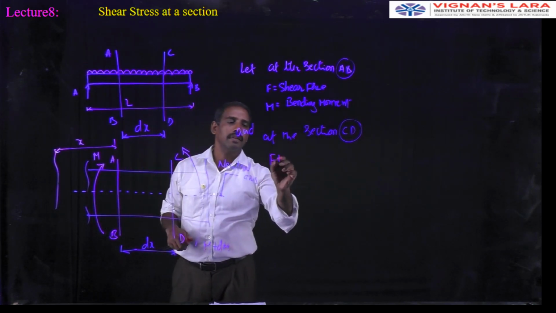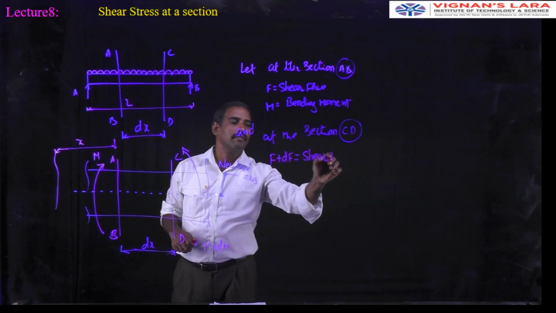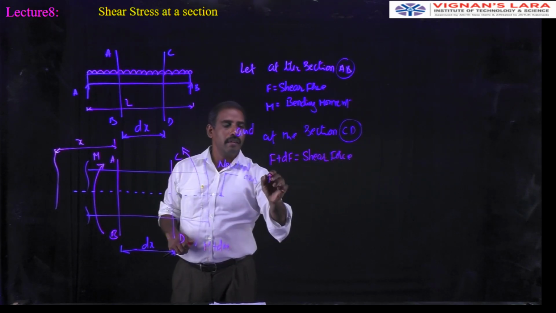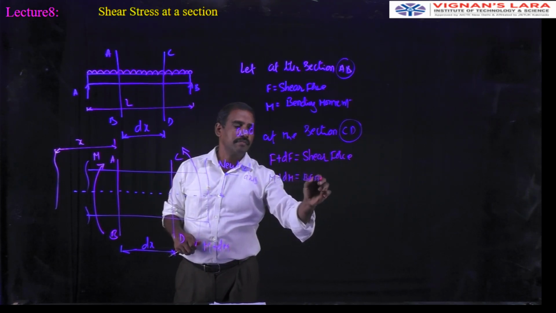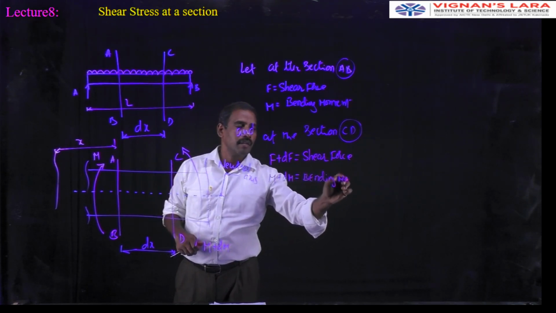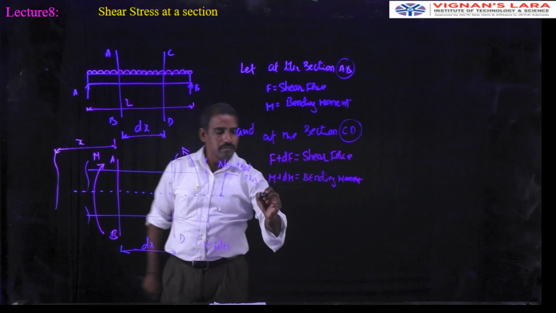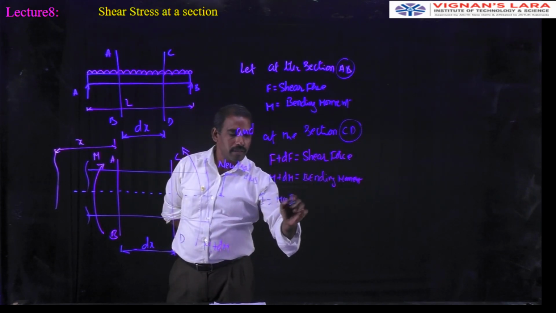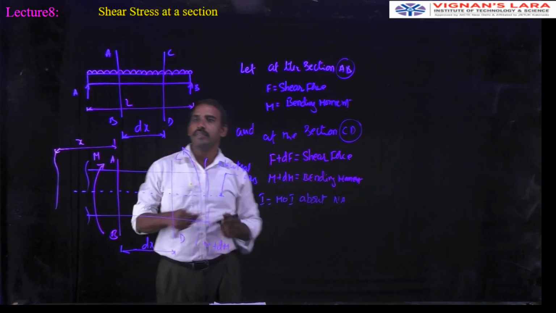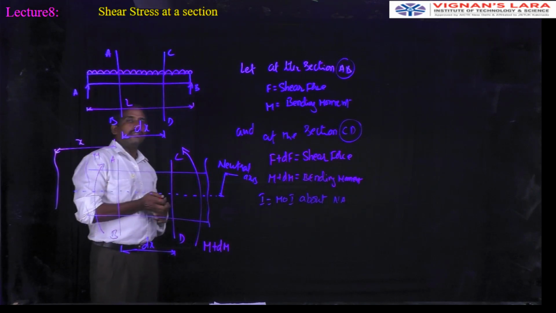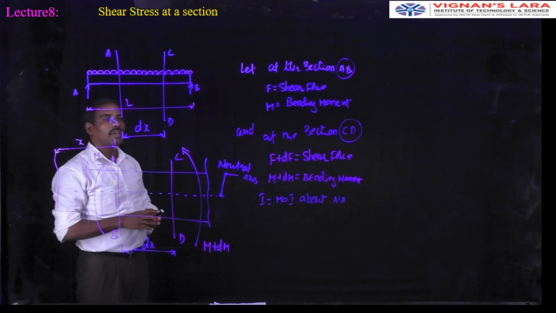So let us assume F plus dF is the shear force, and M plus dM is the bending moment. And I is the moment of inertia about the neutral axis.